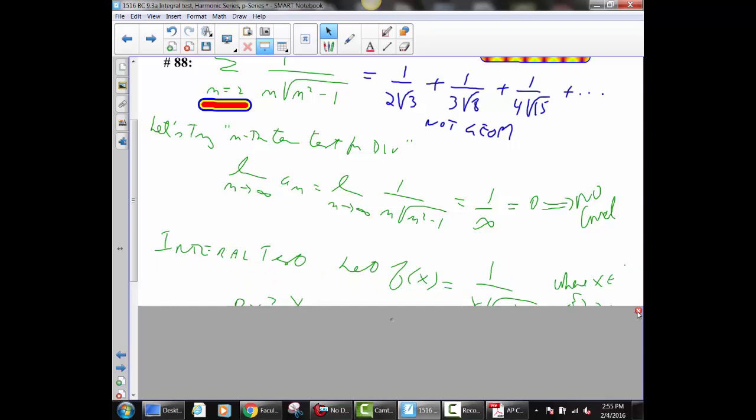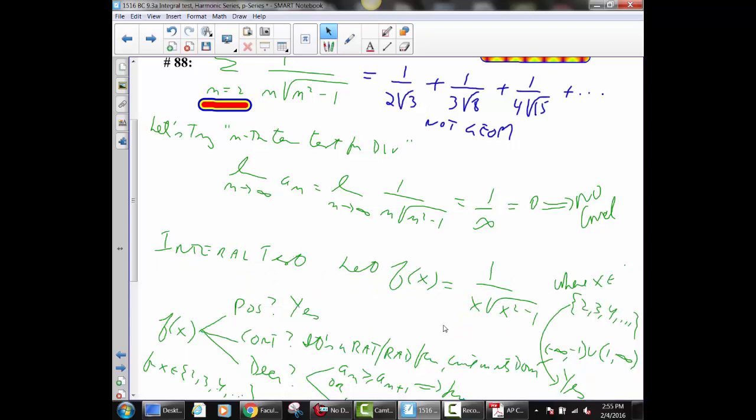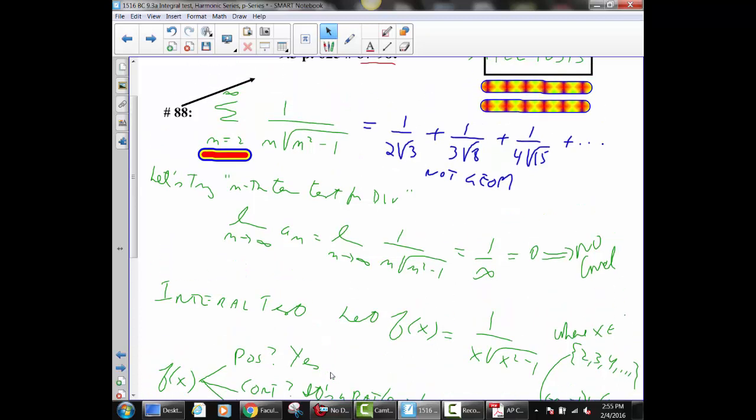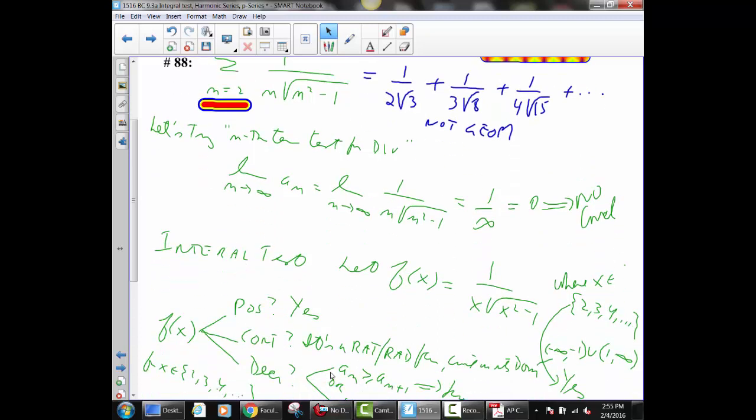At this point, unfortunately, we only have one test left to try, which is the integral test. So we're going to let f of x equal the corresponding expression, but with x's. Are all the terms positive? Yes, they are. Is the function continuous on the interval? So it is positive everywhere.